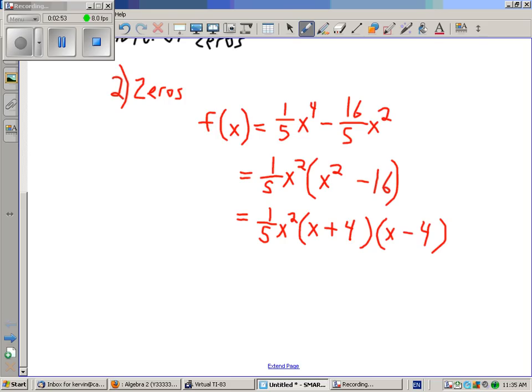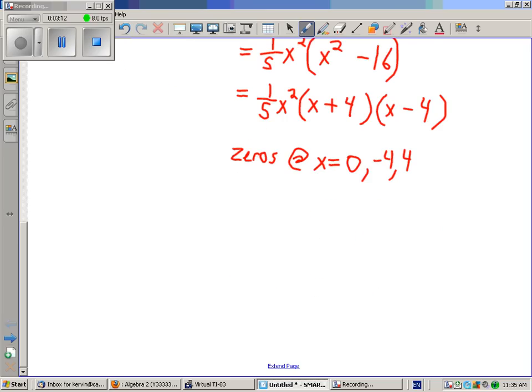Okay, so that leaves us with our zeros. x is equal to 0 from the x squared. x is equal to -4, and x is equal to 4 from our two other factors. Okay, next up, we need to figure out our y-intercept.